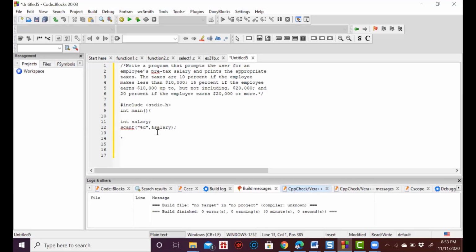Alright. Okay, and then if salary less than 10,000, then 10%. Okay, now if salary less than 10,000, how to spell salary.